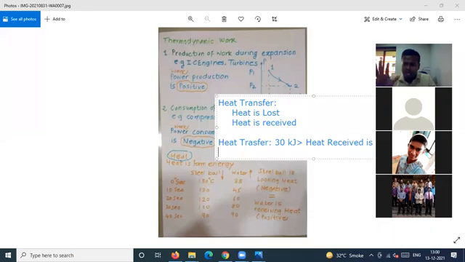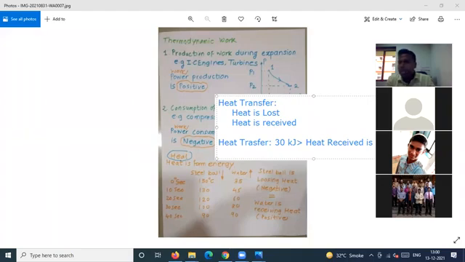If you compare, then you understand: when you plot on a PV, it gives you work; when you plot on a TS, it gives you heat. Why PV gives work done, we have seen the derivation. Why TS gives heat transfer, we have not yet seen. If I start explaining the derivation now, this point will remain here only.